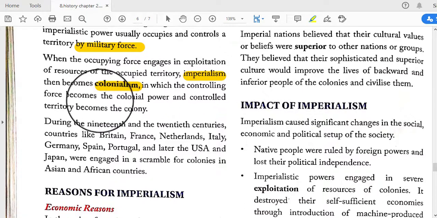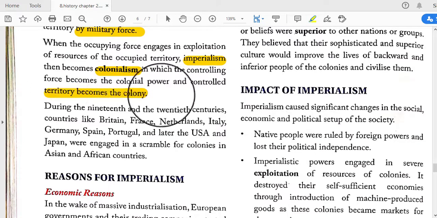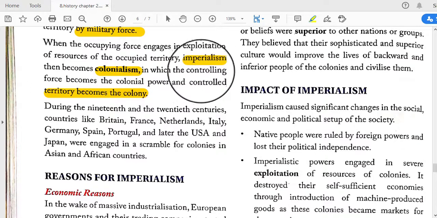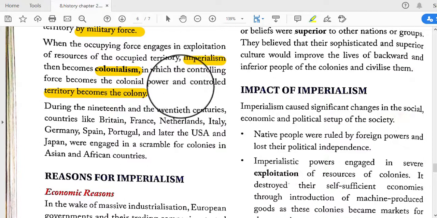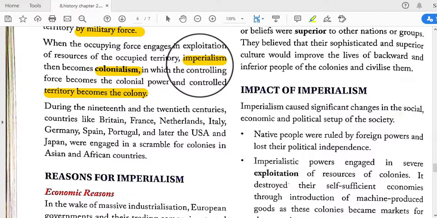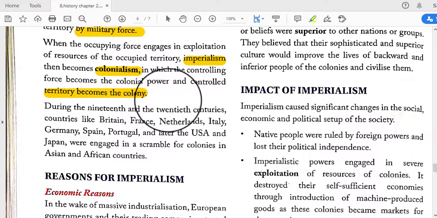The controlling force becomes the colonial power and the controlled territory becomes the colony. When they go into any country, they settle there and create colonies, and this method is called colonialism.